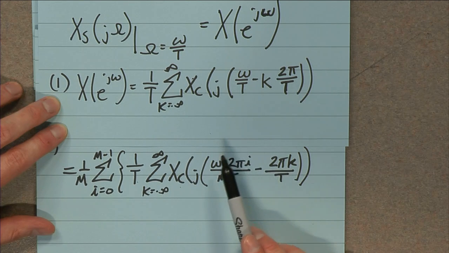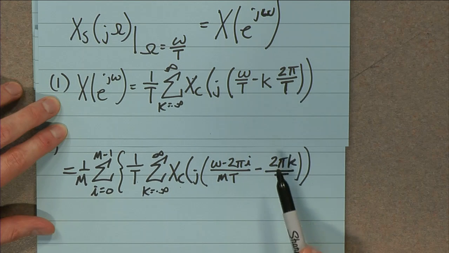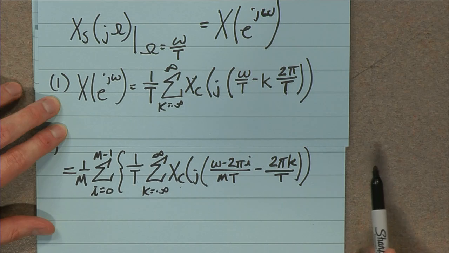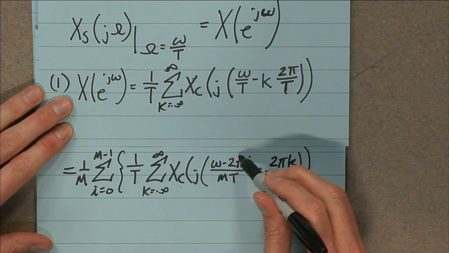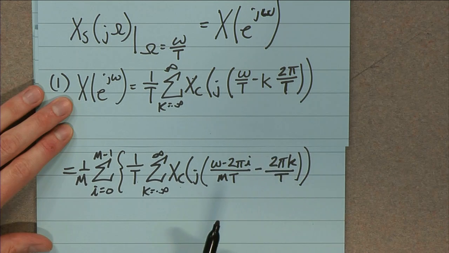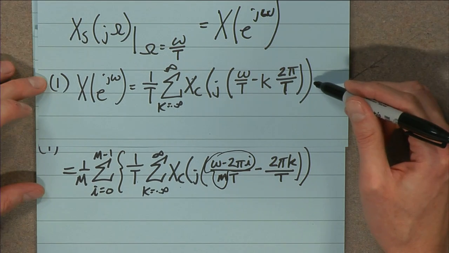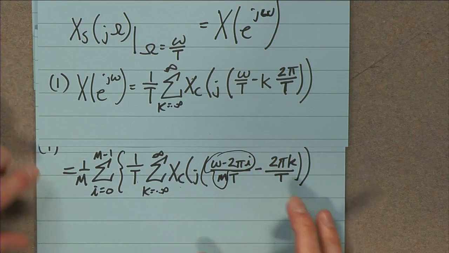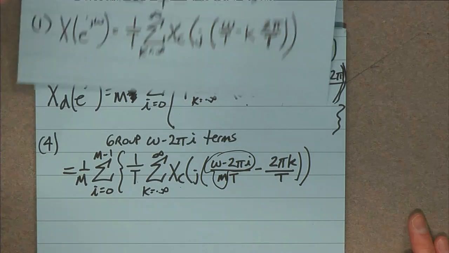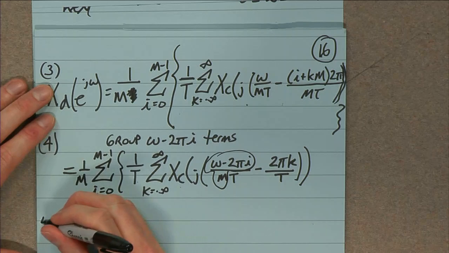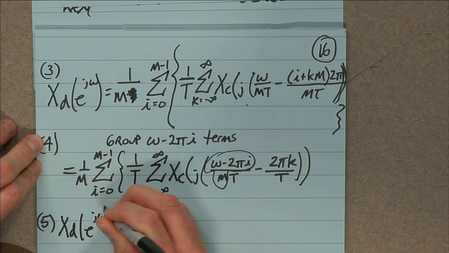This is omega over T, this is omega minus 2 pi i over MT, and this is 2 pi k over T. So the insight is if omega was equal to a shifted scaled version like this of equation 1, we could substitute equation 1 into equation 4 and make it a scaled version of that. So that's the tricky last step of saying Xd of e to the j omega.